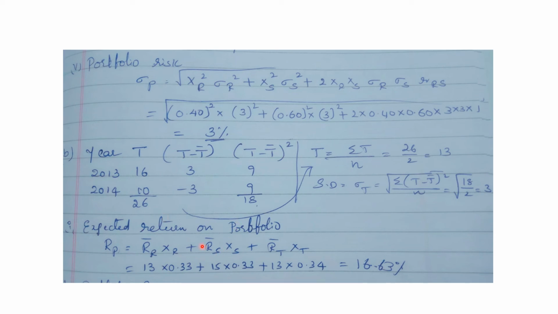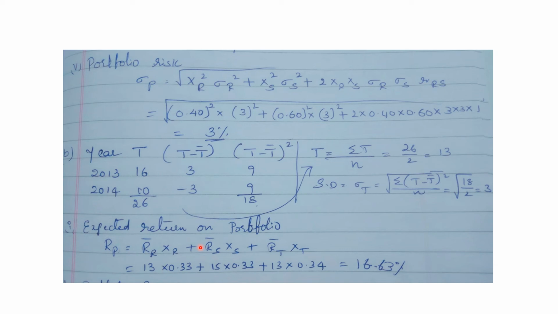So now find out the expected return on the portfolio. Put the formula: return on portfolio equals R bar R into X_R plus R bar S into X_S plus R bar T into X_T. Here we are considering the 3 securities.